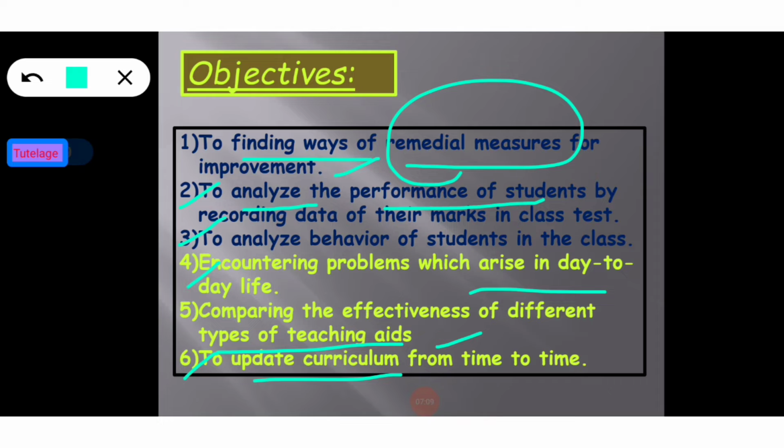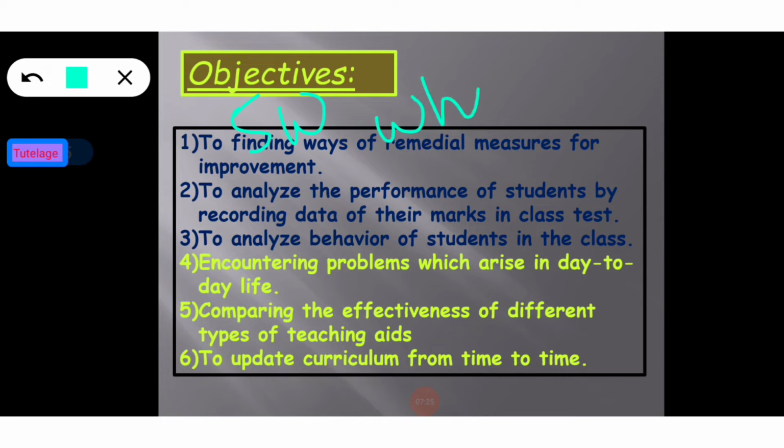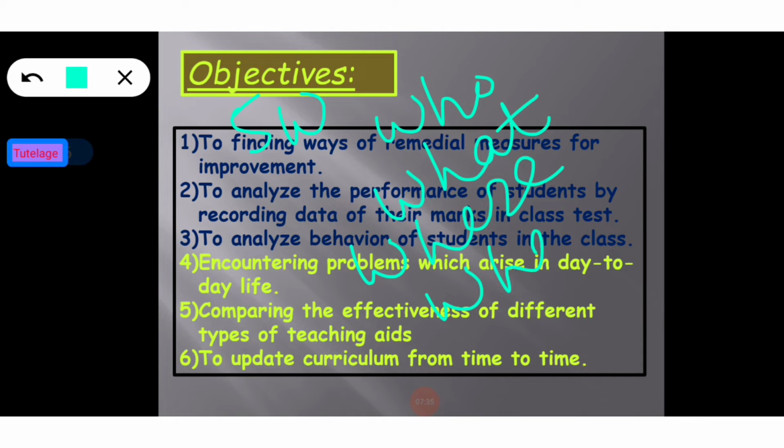So research is generally oriented towards looking into 5 W's. That includes the first W, that is who, second one is what, third one is where, fourth one is when, and last one is why.